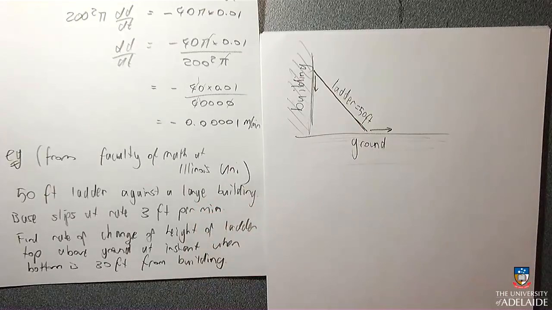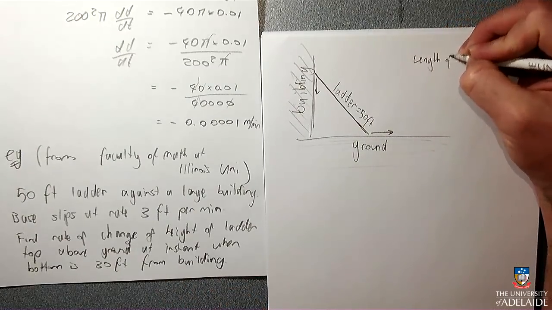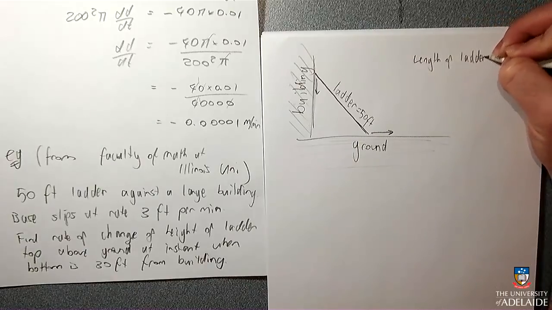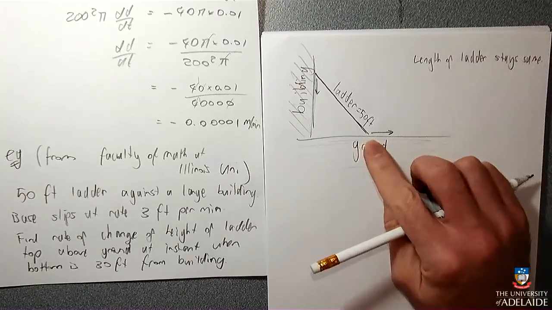So what I start doing after I've got the situation is listing what's changing and what's staying the same. So the length of the ladder stays the same. What is moving? This is changing here.